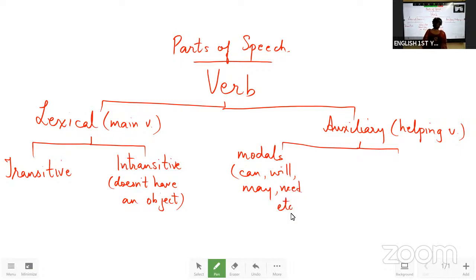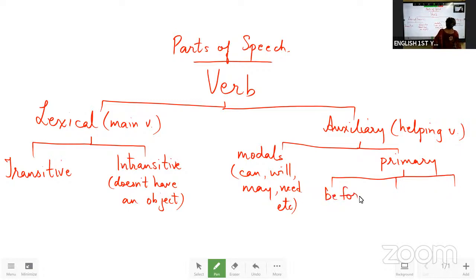Plus you have can, could, I have already explained. Then this is the primary. Primary is again divided into three: be form, do form, and have form.